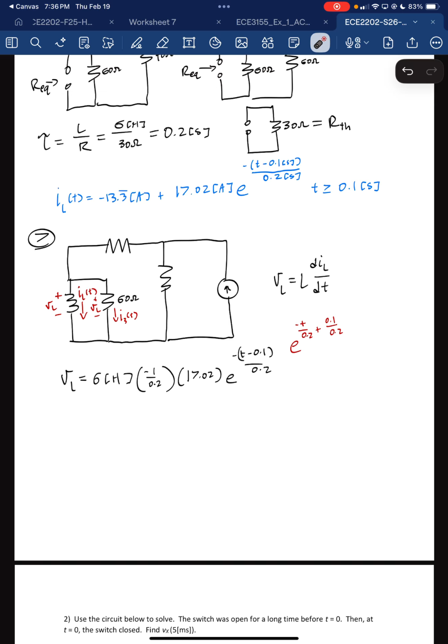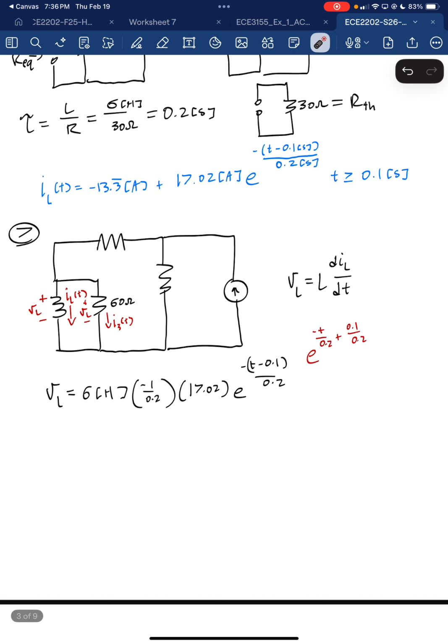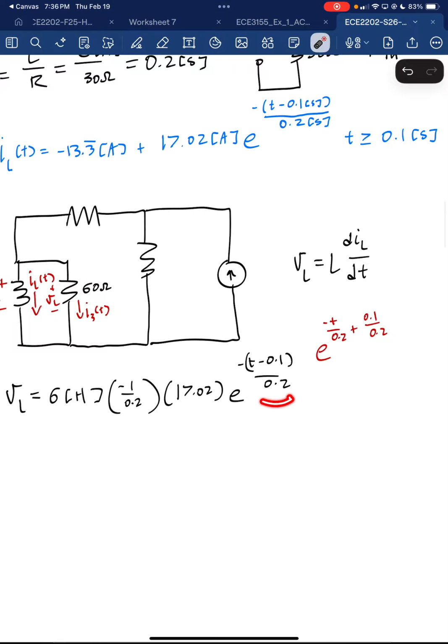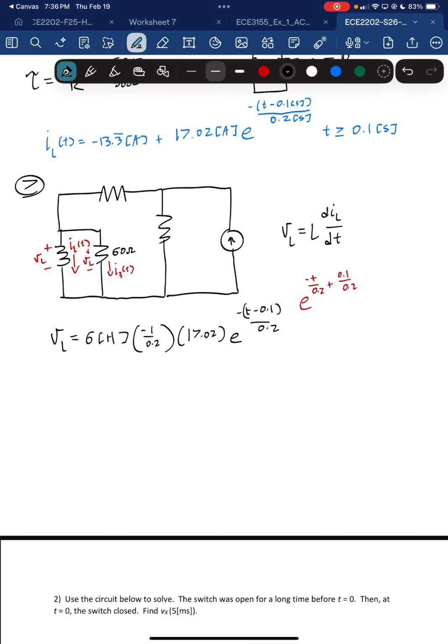So all I did there is I took this relationship, L dIL over dt, and plugged in L, and then took the derivative of IL of t. This went to 0. We keep the 17.02 in there, and we take the derivative of the exponent of the exponential, and the derivative of this is negative 1 over 0.2. Again, your calculator can do this, so try not to get too bogged down in the weeds of that. But that's what you're left with.